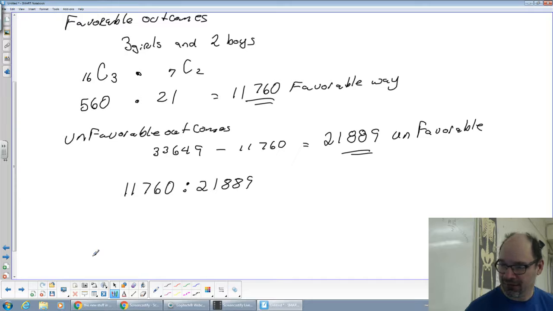Let's see. I'm going to try reducing it. My calculator does it automatically. It's kind of handy for reducing. Mine does reduce it down to 1680 over 3127.